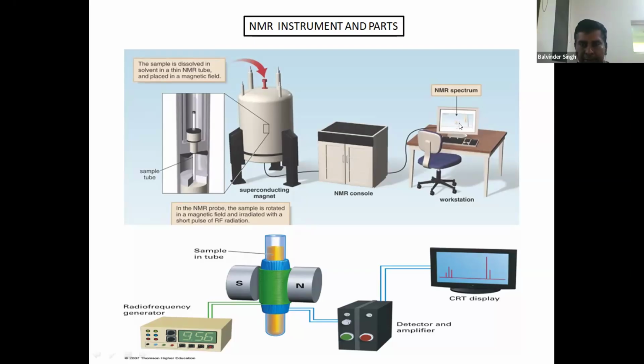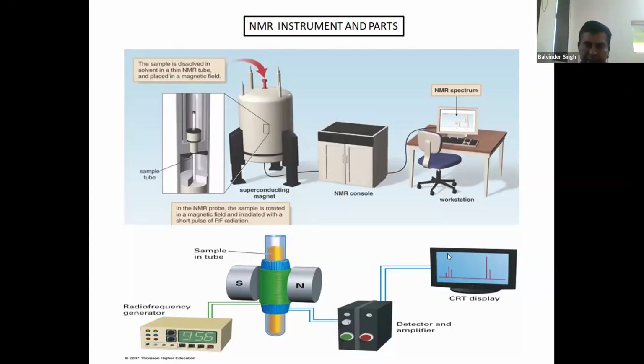Maybe it is not so clear for you, but this is again a setup of NMR, the old version which was used earlier, continuous wave, and this is the pulsed NMR that was developed later and is extensively used these days.